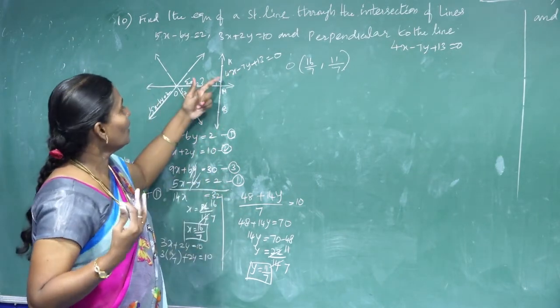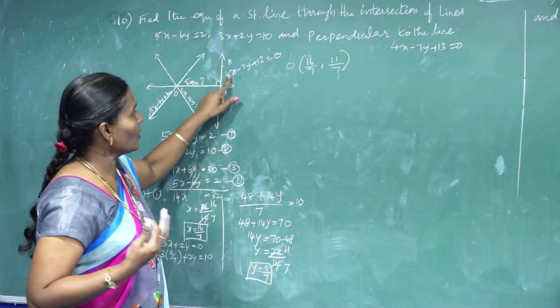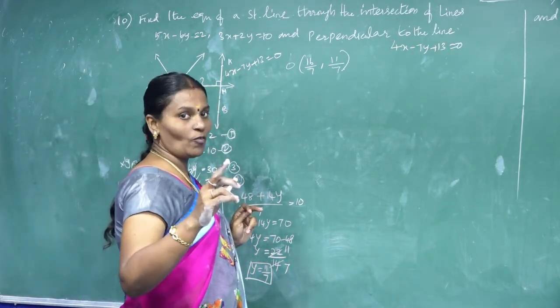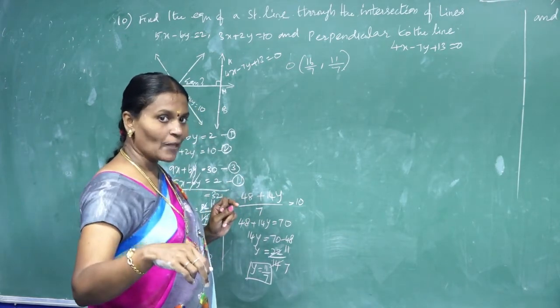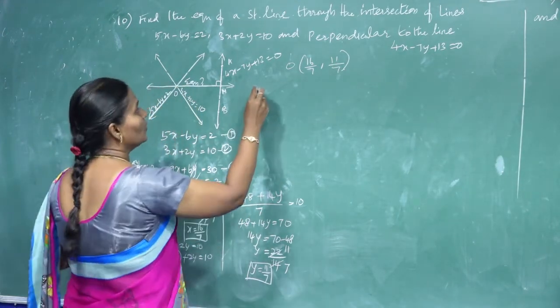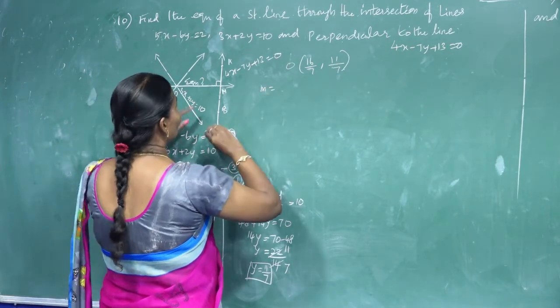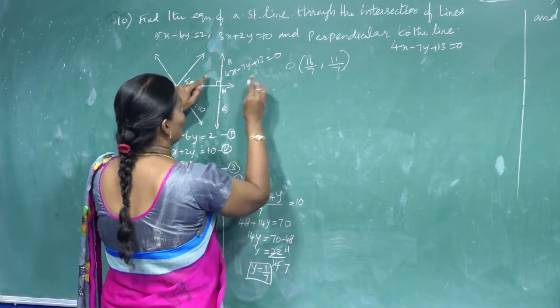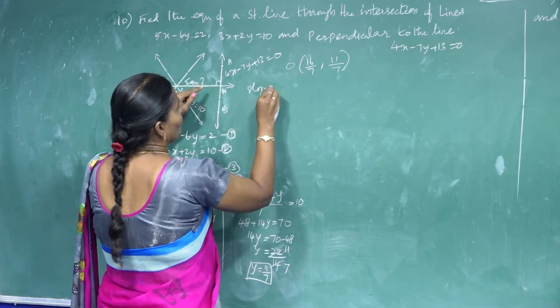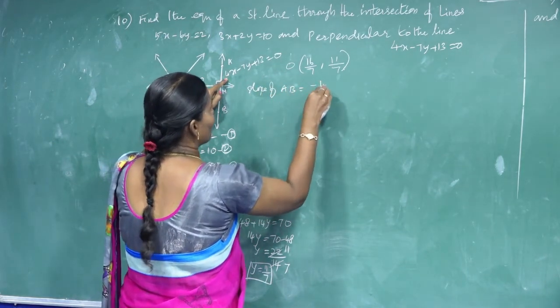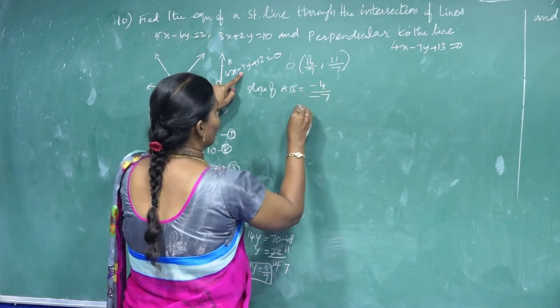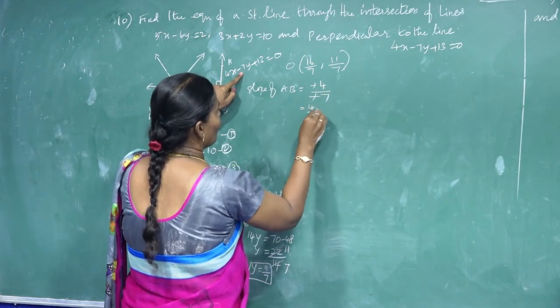The slope m is equal to the negative coefficient of x by coefficient of y. So the slope of AB is minus 4 by minus 7, the minus cancels, so 4 by 7.